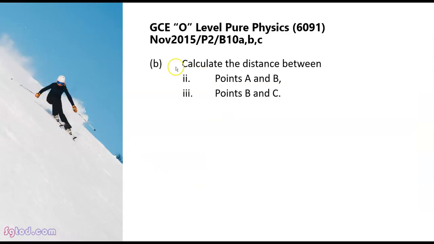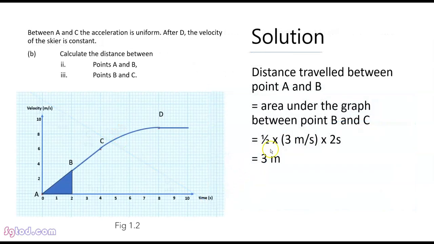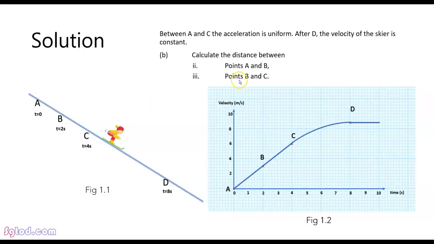In part B of this question, we are required to calculate the distance between point A and B and between point B and C. The distance is always derived from the area under the velocity time graph. So the distance will be equal to the area of this triangle, which equals half times 3 meters per second times 2 seconds, and that equals 3 meters.